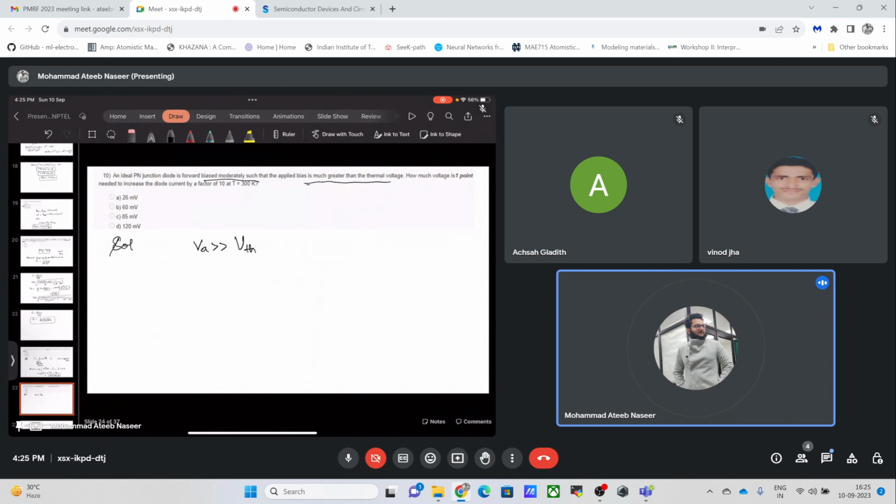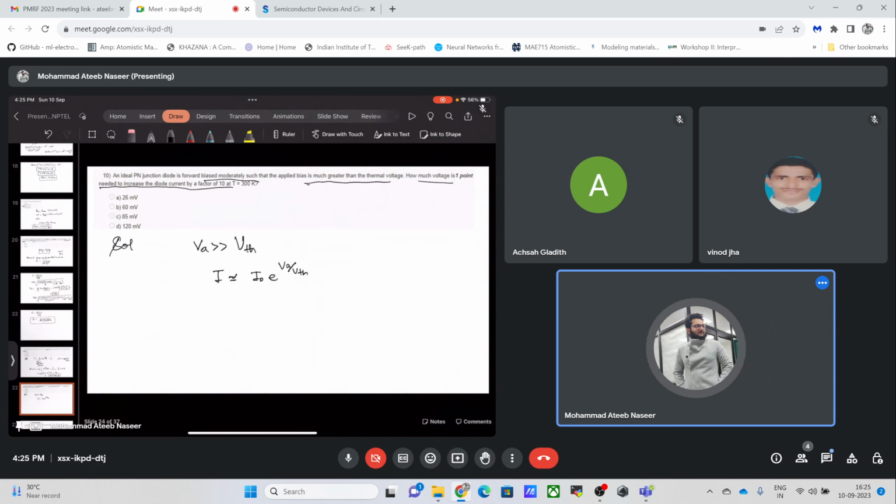So the equation of the ideal diode current is approximately equal to I naught times exponential of VA by VTH, since VA is much greater than VTH and we can neglect the minus 1. We have to find how much voltage is needed to increase the diode current by a factor of 10 at 300 Kelvin.